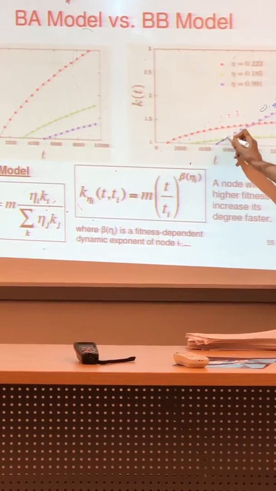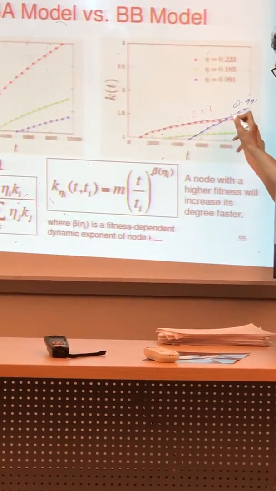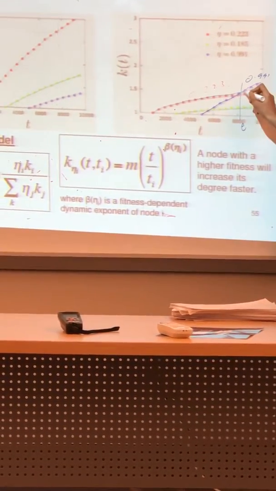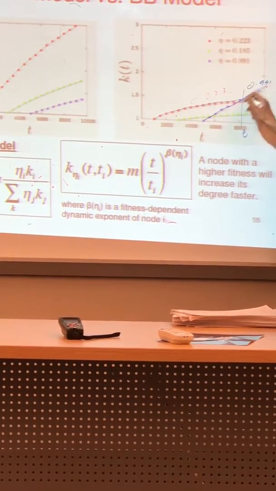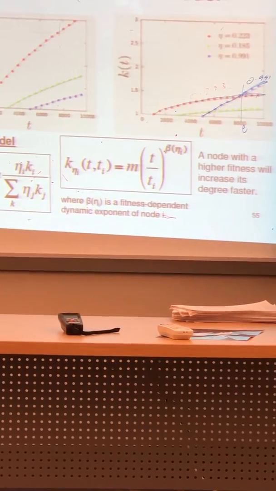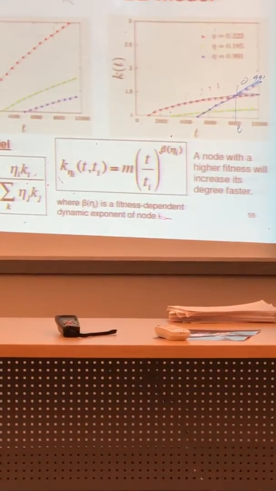Eventually the blue node overtakes the red node. At some future time T, the degree of the blue node becomes higher compared to the degree of the red node. That's what we actually want to find in this problem.